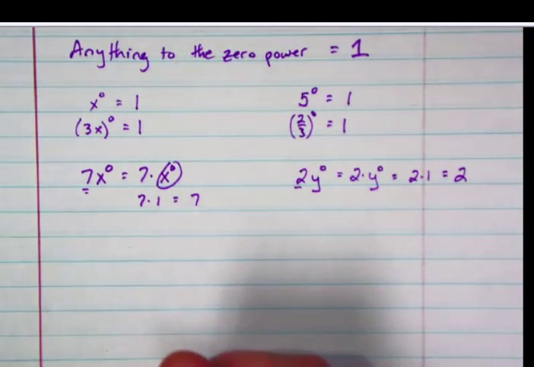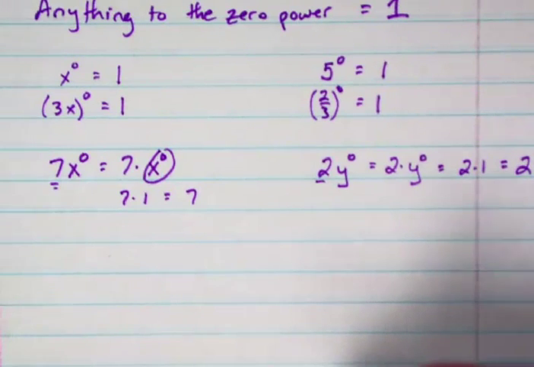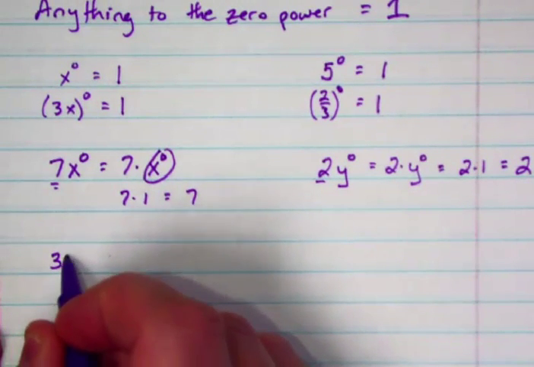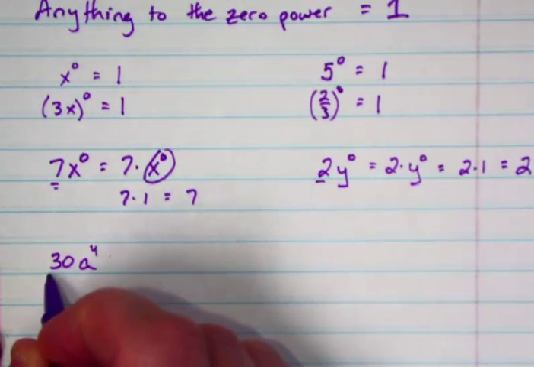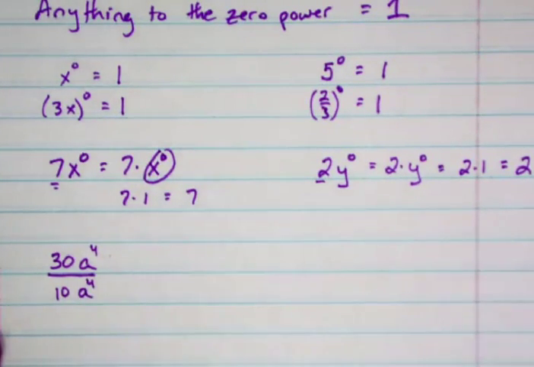So if you were given something like 30a to the 4th divided by 10a to the 4th.